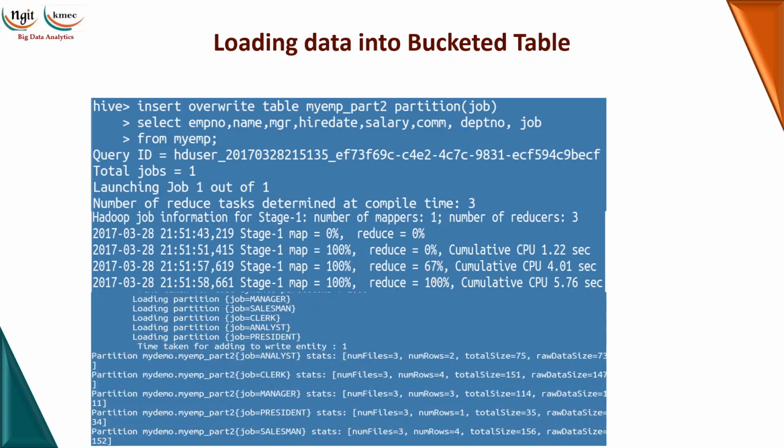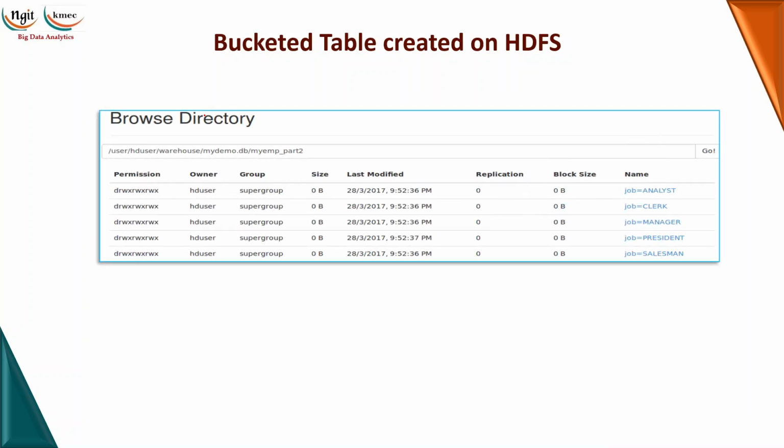Loading is similar to the usual load, that is by using the insert statement. As I mentioned, it is better to go with the staging table. From the staging table, we can load the data so that it is loaded into the corresponding partitions and buckets. Okay, so how are the bucketed tables created?